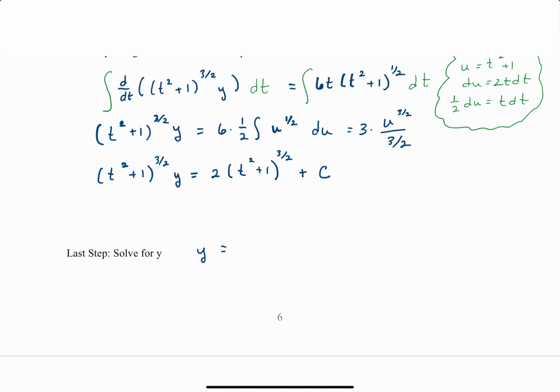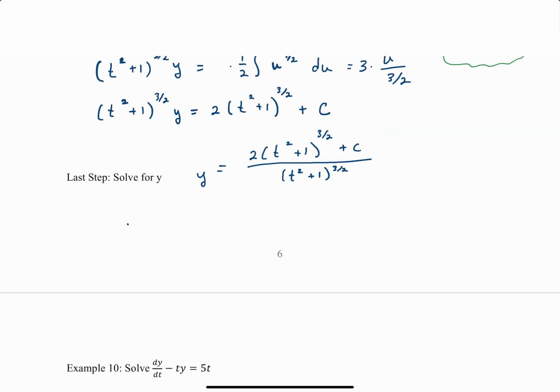That gives y equals (2 (t squared plus 1) to the 3/2 power plus c) over (t squared plus 1) to the 3/2 power. We can actually clean this up by splitting this up into two fractions. And yes, that (t squared plus 1) to the 3/2 did have to divide everything, including the c.